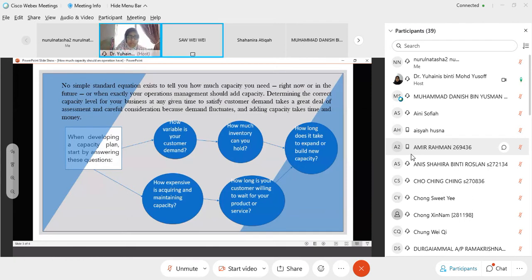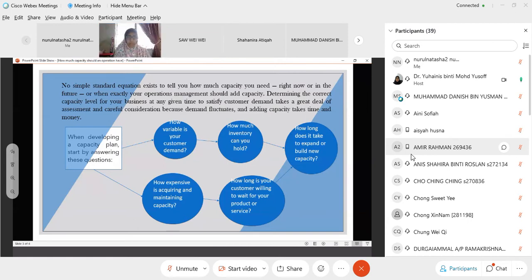Second, how much inventory can you hold? Answering this question requires you to understand the cost of holding inventory and how time spent in inventory affects product quality. If your product is tiramisu, for example, the cake's quality may deteriorate as it is in the freezer.